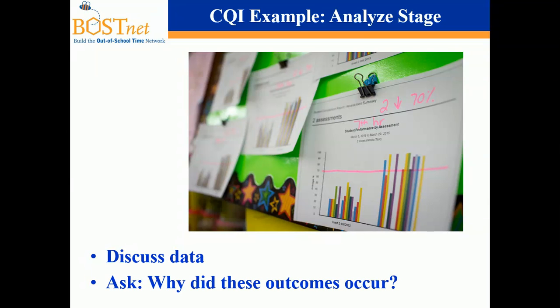And she calls a staff meeting to discuss the problems that occurred during the implementation and to talk through some ways that the community feels could improve the program. So they come together, they share their data findings, and they ask the question, why did these outcomes occur? What was it in our initial plan that was unsuccessful?